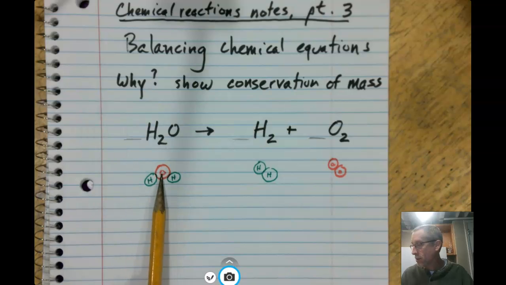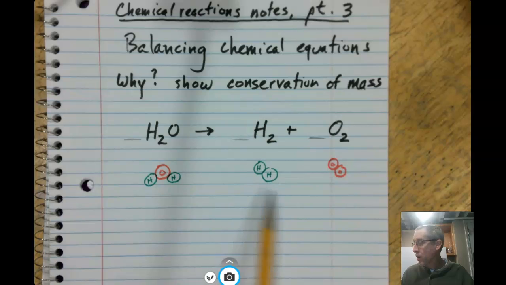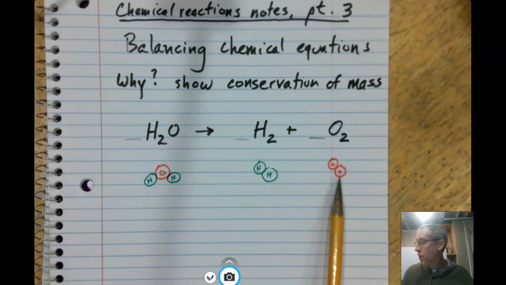And so we're counting, that's why I've drawn one of each of the molecules here. One water, one hydrogen, and one oxygen molecule. Now again, I'm not talking about atoms. One molecule of hydrogen is actually made of 2 atoms, and one molecule of oxygen is also made of 2 atoms. Okay, so now I'm going to start the balancing process, and it really just does this.